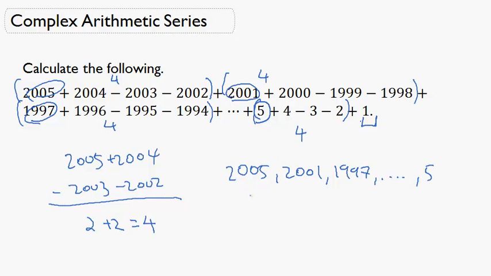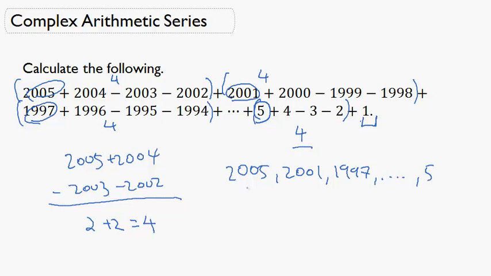And once we figure out how many of these first terms there are, then we could just multiply that number of 4s by 4, and that will give you the sum. And then we add 1, and that's the answer.